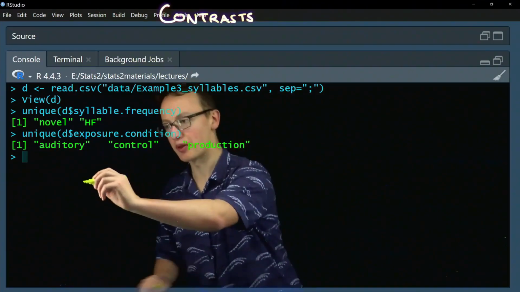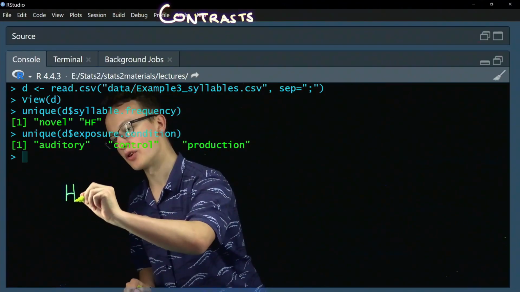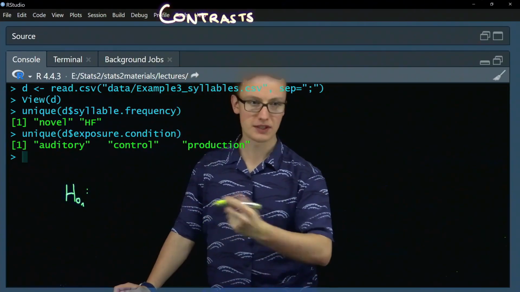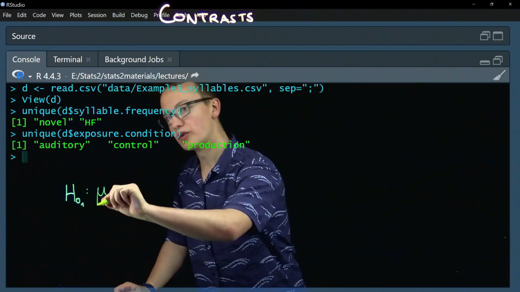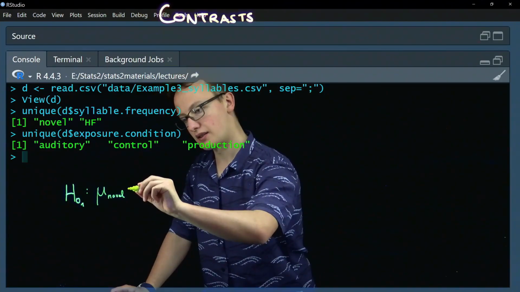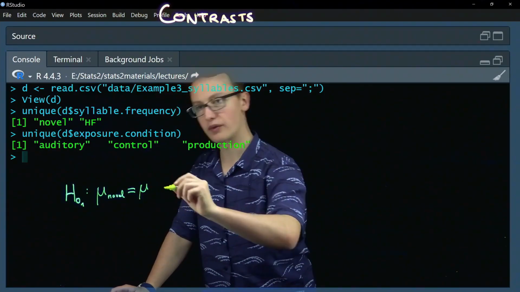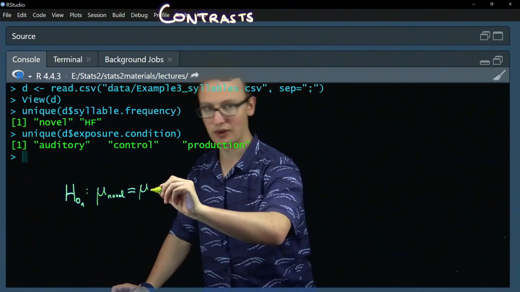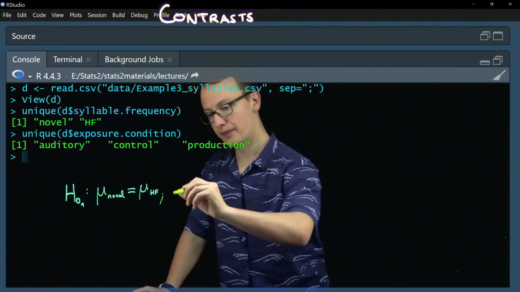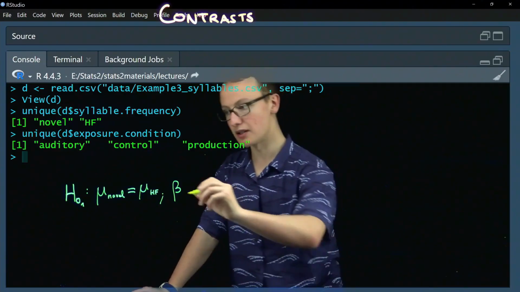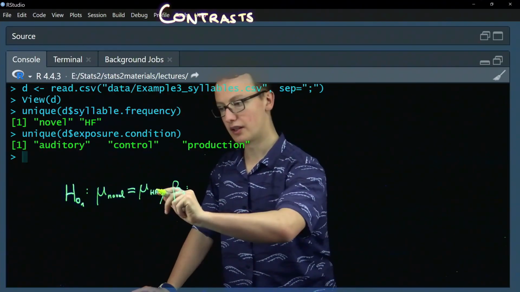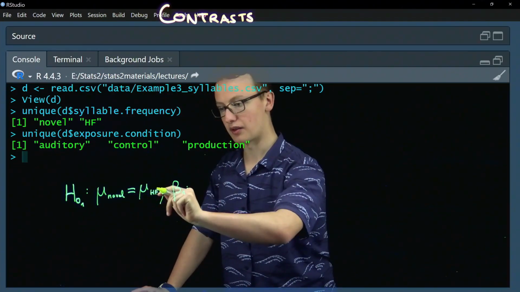We might say that the null hypothesis, in this case H0, I'm going to still call it H01, will be saying that the mean, the mu for the novel syllables, is equal to the mean of the frequent syllables, or HF, highly frequent, that's the abbreviation here, which in turn lets me define the slope to be estimated here as the difference between the novel syllable mean and the frequent syllable mean.